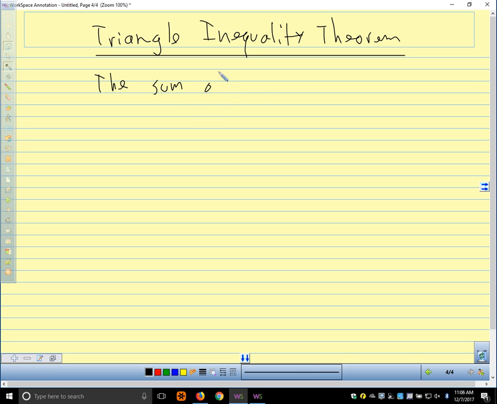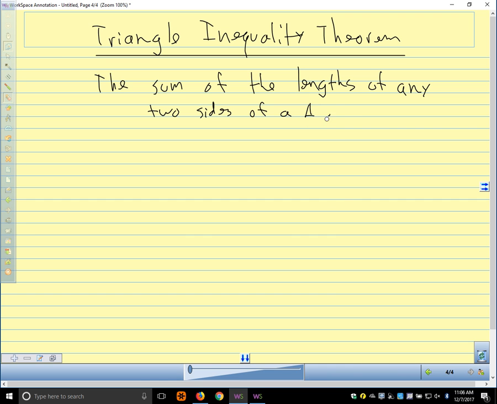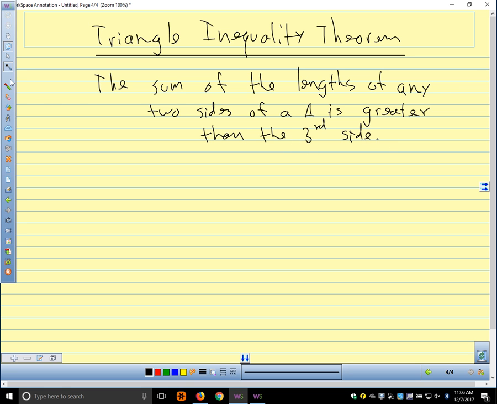The sum of the lengths of any two sides of a triangle is greater than the third side. So what we're saying here is if we add together any two sides of a triangle, it's got to be bigger than the other side.